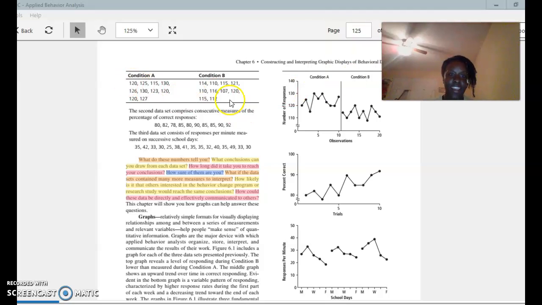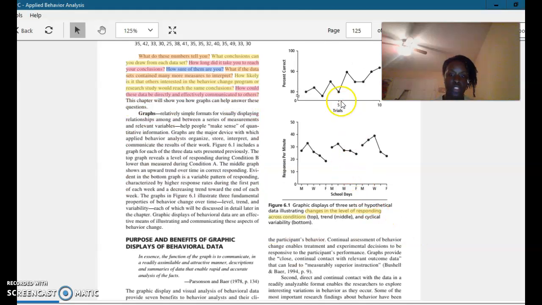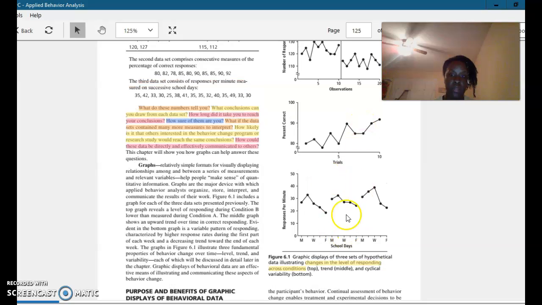So you see it translated from this list of numbers by being plotted on a graph. In these graphs they depict the three fundamental properties of behavior change over time, which are level, trend, and variability.